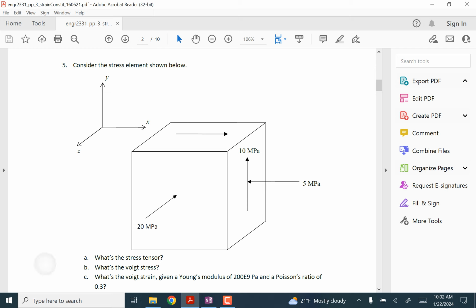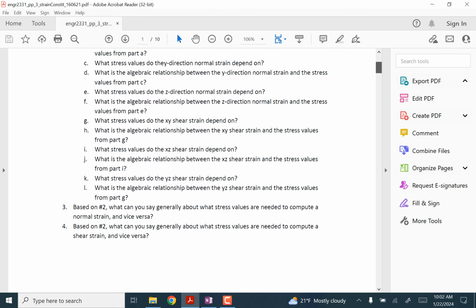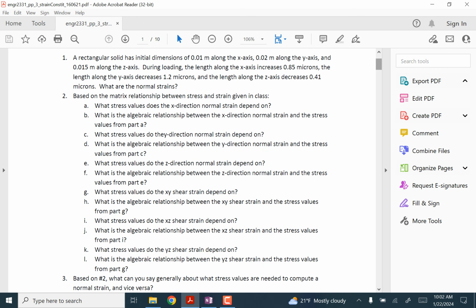So I'm going to do, or at least talk a little bit about numbers 2 and 5. Number 2 is kind of an important conceptual one. Based on the matrix relationships between stress and strain, it asks for what stress values does the X normal strain depend on?